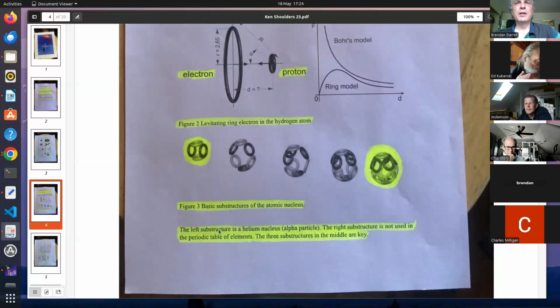The left substructure is a helium nucleus, alpha particle, that one there. The right structure is not used in the periodic table of elements. That's that one there, which is interesting. Three substructures in the middle are key.